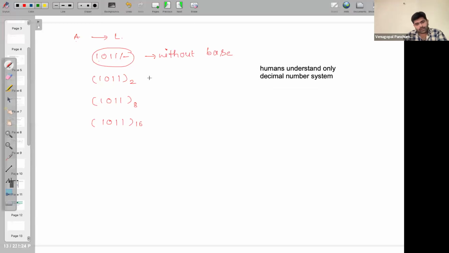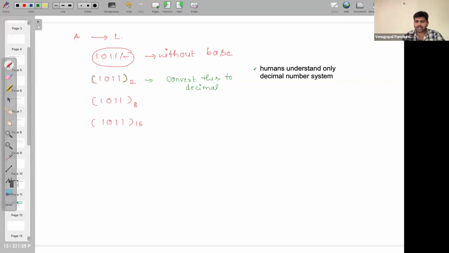Now, if she sent like that in a WhatsApp, she did a base 2. But as humans, I told you we can understand only decimal. So we have to convert this to decimal, correct? Then only we can get to know its value.